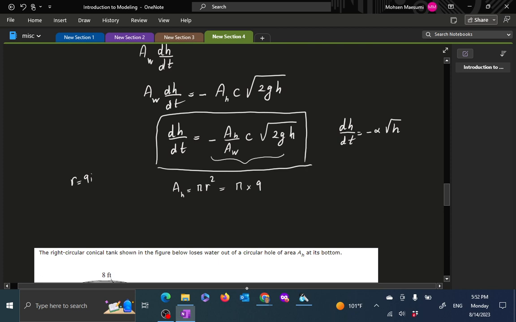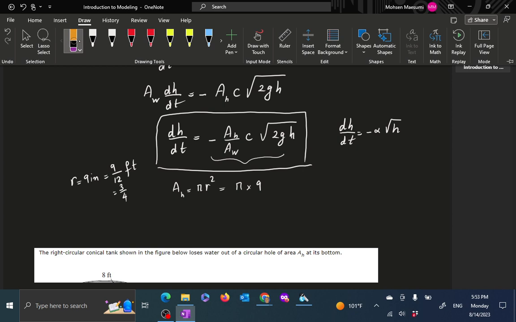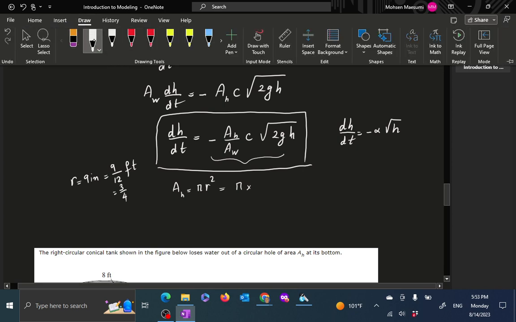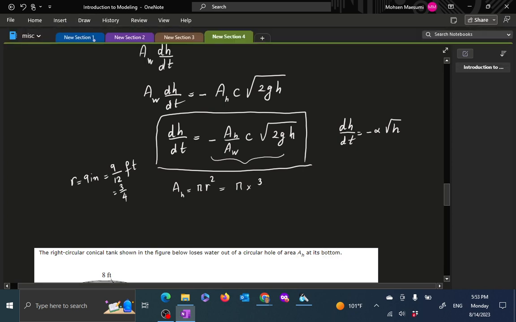Radius was 9 inches, but since everything else is in feet, we better convert this to 9/12. So that's going to be 3/4, of course. So let me make a correction here. So area is going to be pi times 3/4 squared.